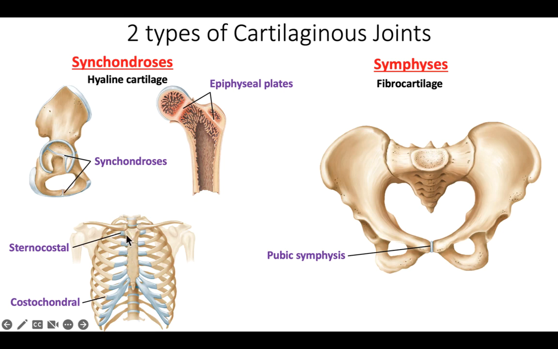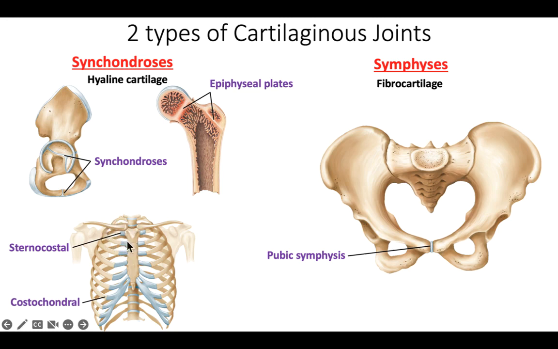And then here we see a joint between the sternum and a rib. So that's called a sternocostal joint. And that's a type of synchondrosis because it's hyaline cartilage. And then even this would be considered a joint between the rib and the cartilage here. But pay attention to this one here.